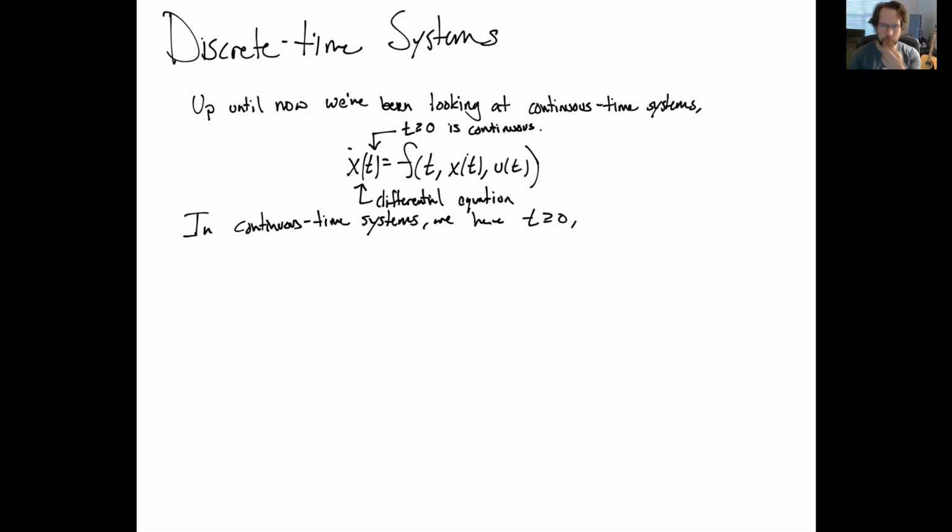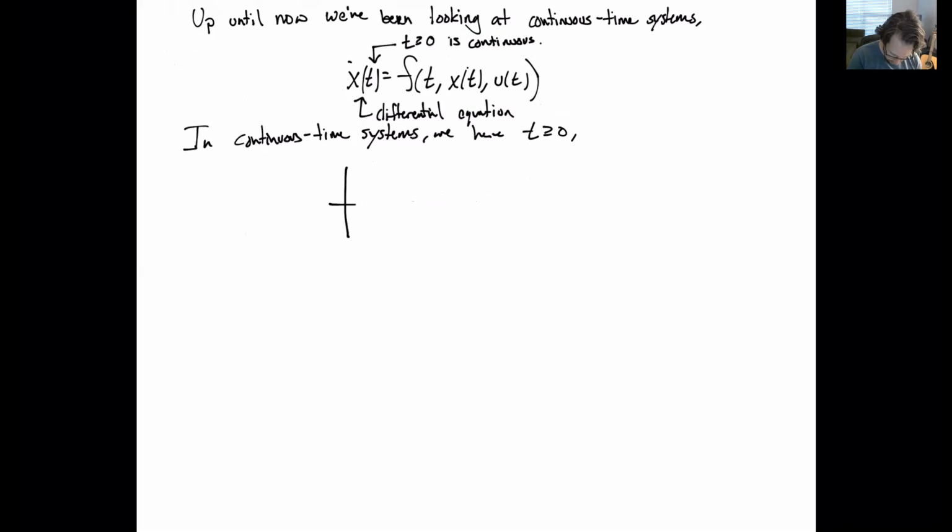But if we, instead of looking at the whole solution, draw this here: we have this as our x of t, and this is our t. Now we have a solution that starts at t equal to 0, with the initial condition, and it evolves, let's say like that. Okay, so we have a continuous time system here.